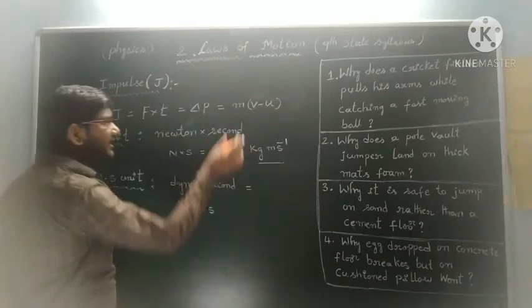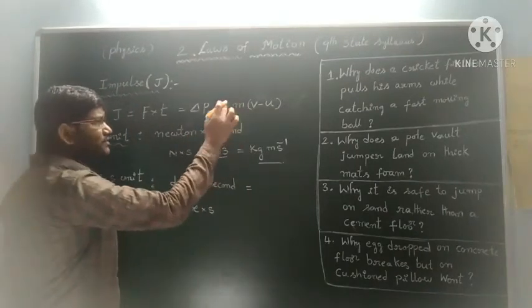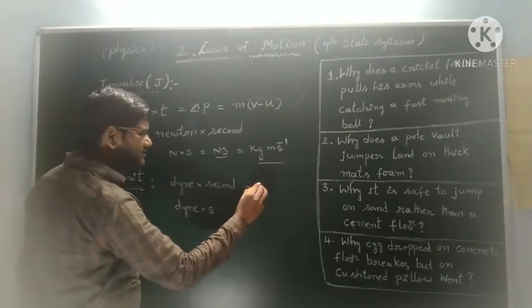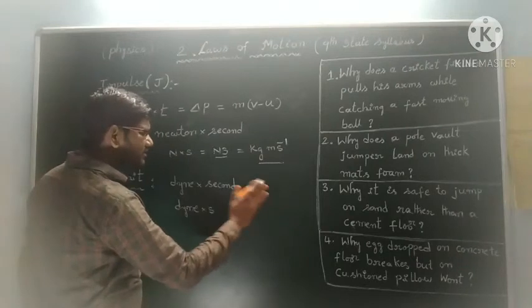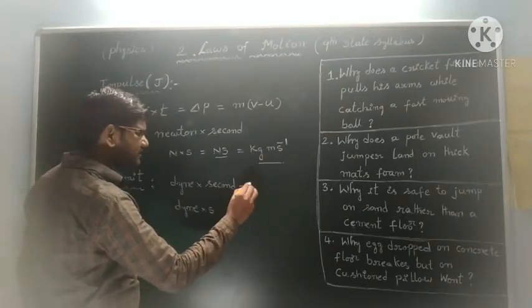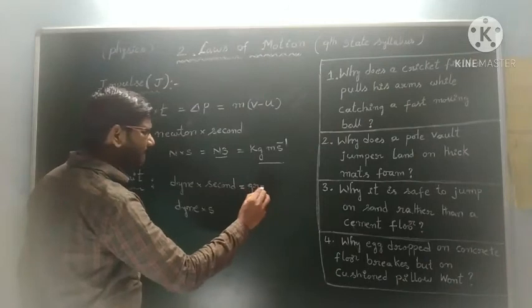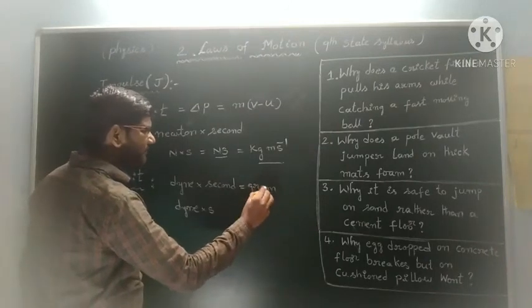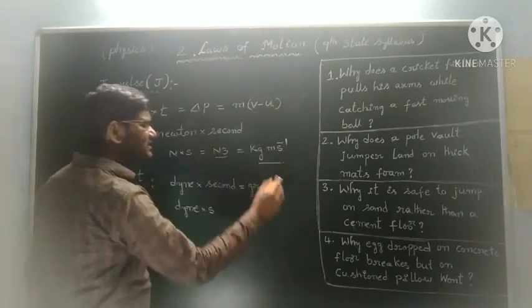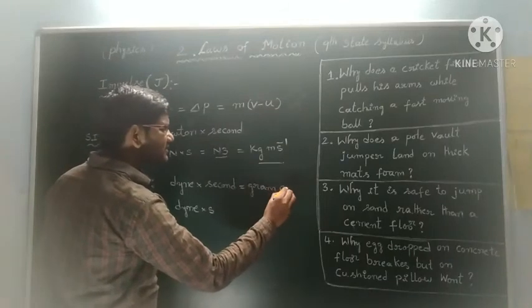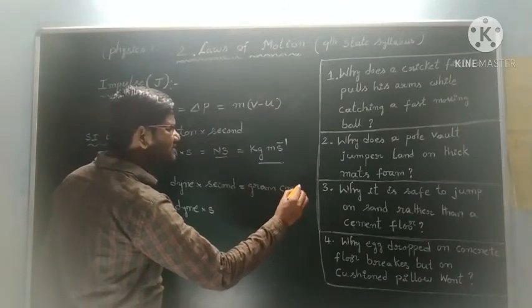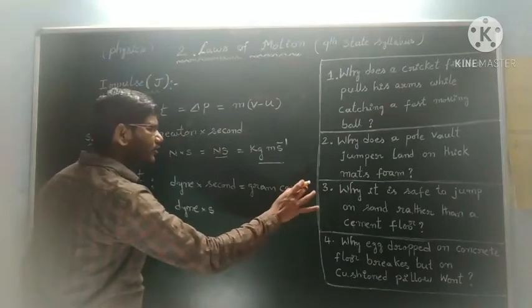Or we can write in terms of change in momentum. Mass CGS unit is, what is that children? CGS unit of mass is gram, we know. And velocity CGS unit is centimeter second power minus 1.